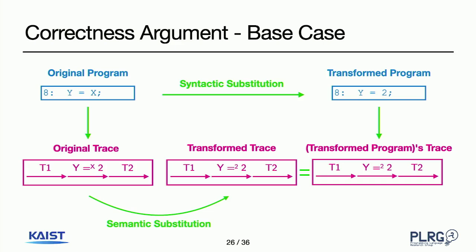Note that the important thing is that the original trace should satisfy the matcher output. It means in this case, the value of x at the end of T1 should be 2 to satisfy the matcher output. With this restriction, the correctness argument is the proof of the equivalence between the transformed trace and the transformed program's trace.